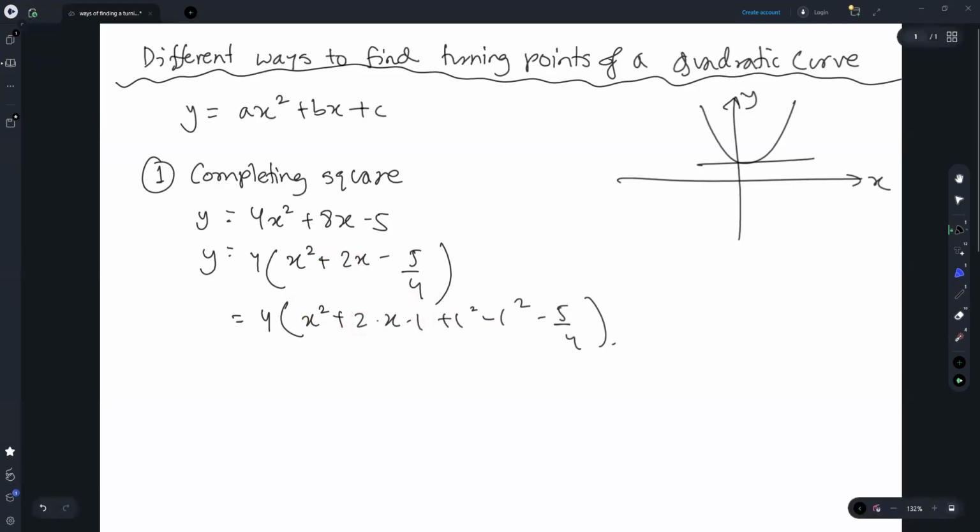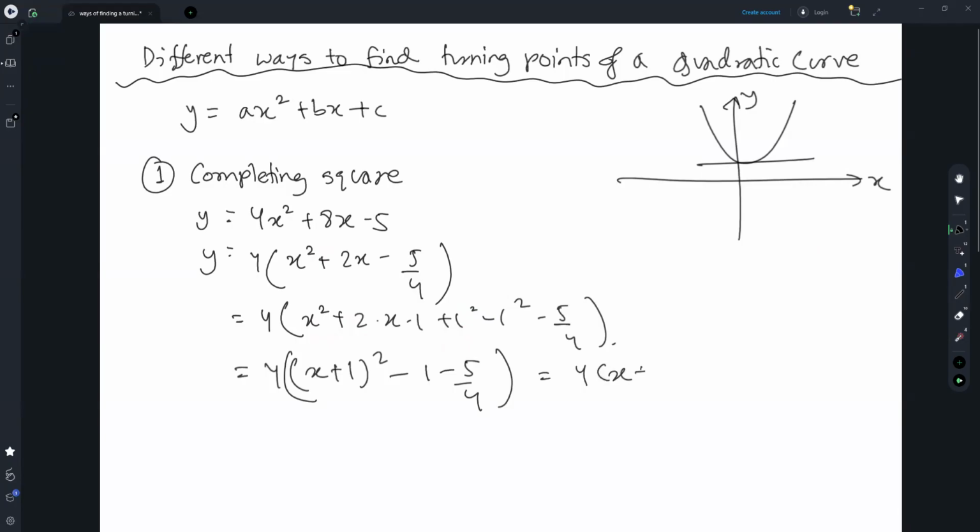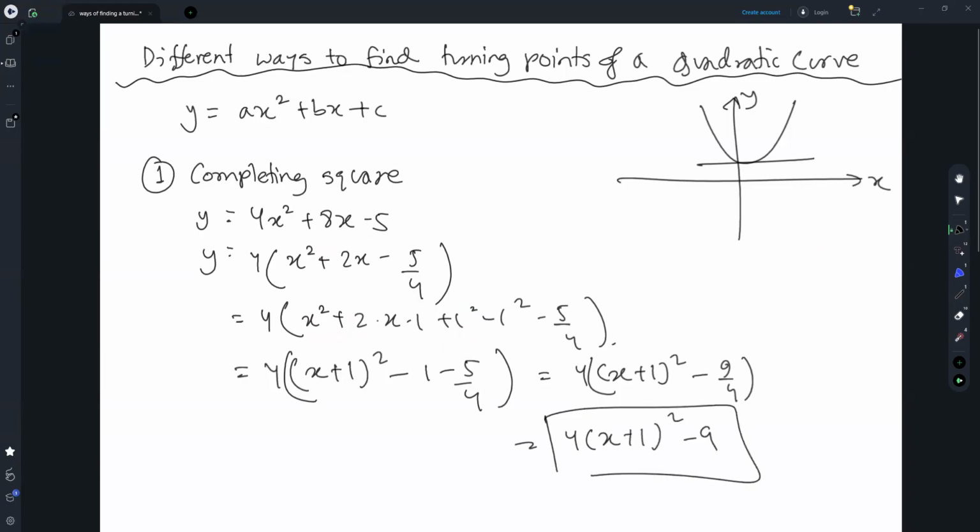Now, let's just do it as fast as possible. I can write this whole thing in the form of a perfect square: minus 1 minus 5 by 4. So we get 4 times x plus 1 whole square, minus 9 by 4. So we get 4 times x plus 1 whole square minus 9. Now, what's the turning point from here?